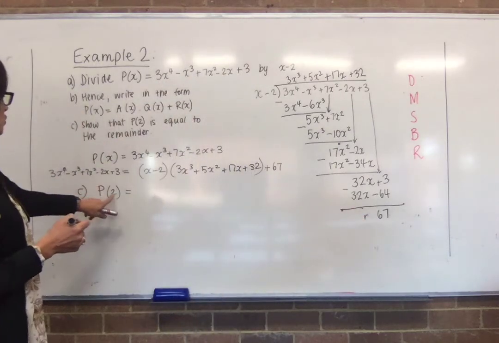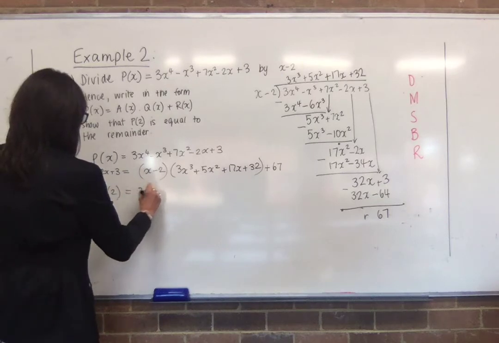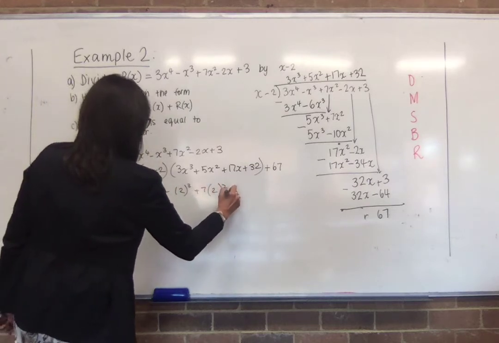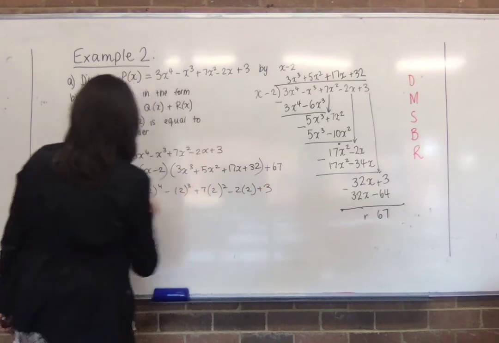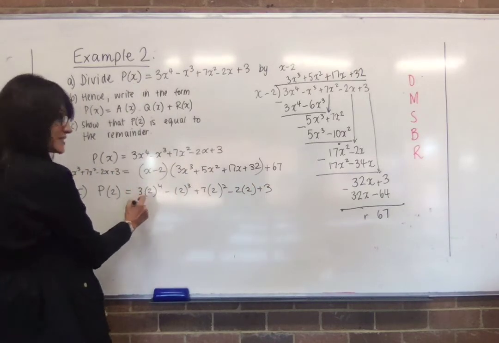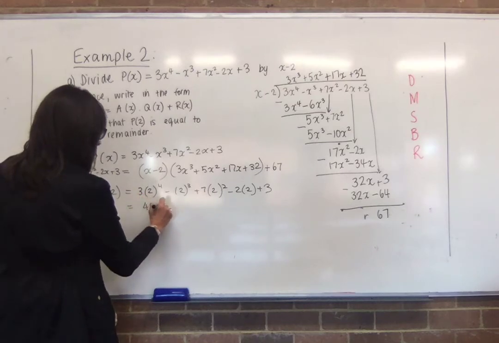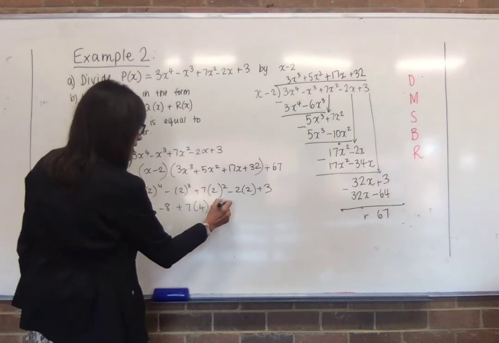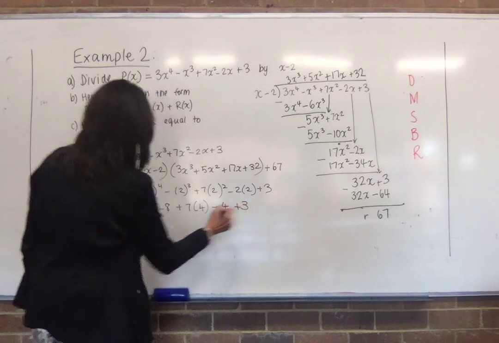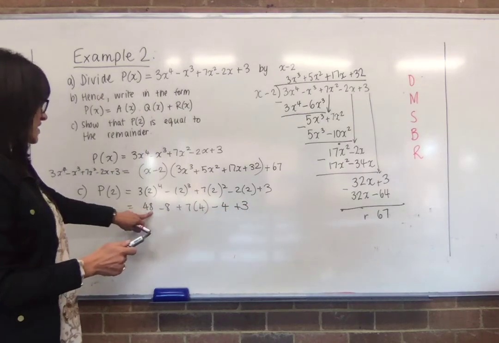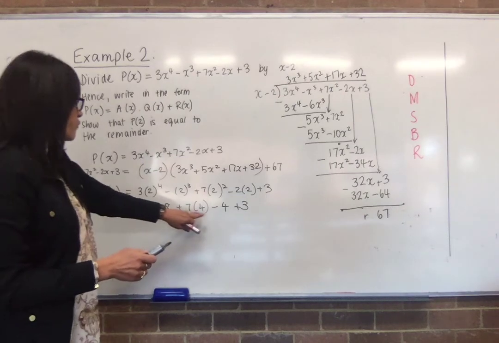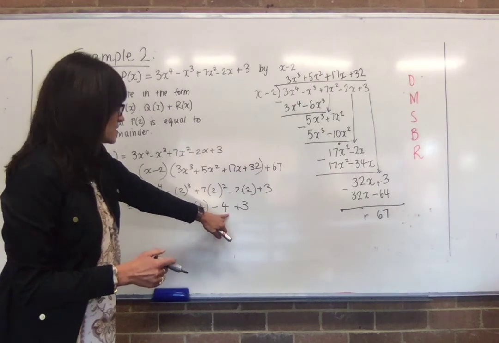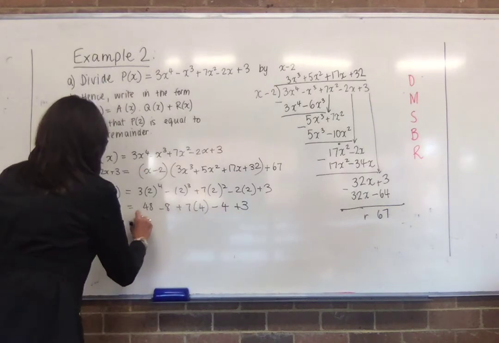So let's see if we substitute 2 into our polynomial. 3 times 2 to the power of 4 minus 2 cubed plus 7 times 2 squared minus 2 times 2 plus 3. 2 to the power of 4 is 16. 3 times 16 is 48, minus 8, plus 7 times 4, minus 4, plus 3. 48 minus 8 is 40. 40 plus 7 fours, which is 28, is 68. 68 minus 4 is 64, plus 3 is 67.